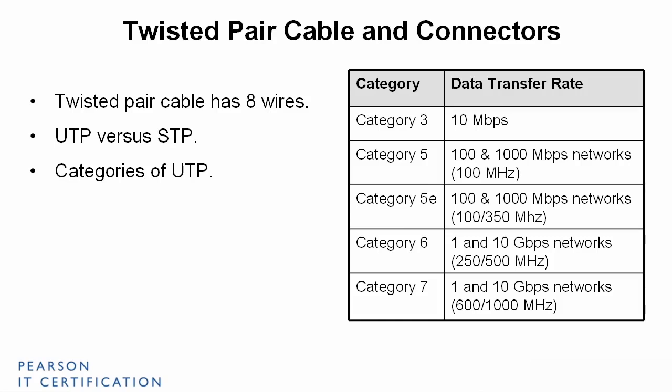If you need to run 5 server connections to a master switch in a data center, then you're probably going to want to have 10 gigabit per second connections. And if you can't do fiber optic, you'll probably want to go with Category 6 and get that 10 gigabit connection. Make sure you have 10 gigabit network cards in the servers and make sure you're uplinking to 10 gigabit ports on the switch.